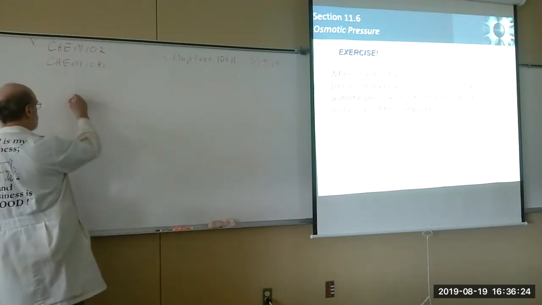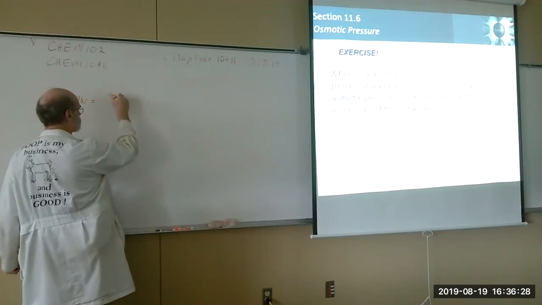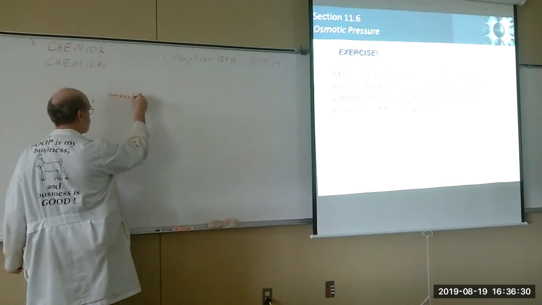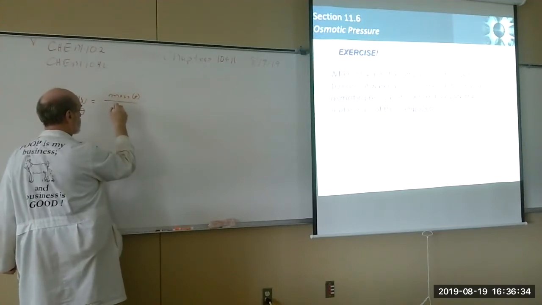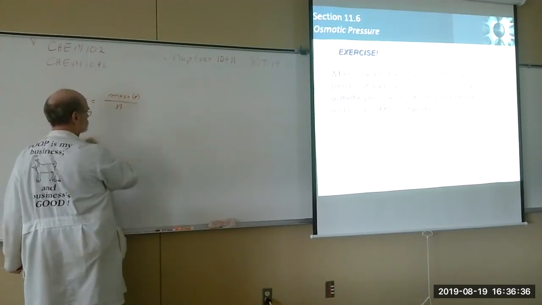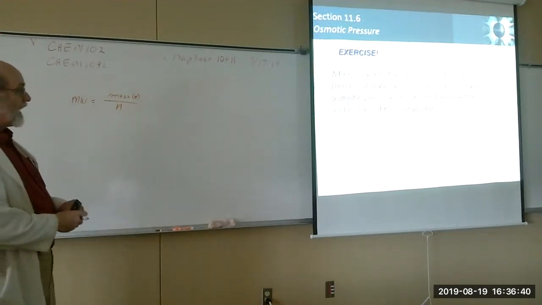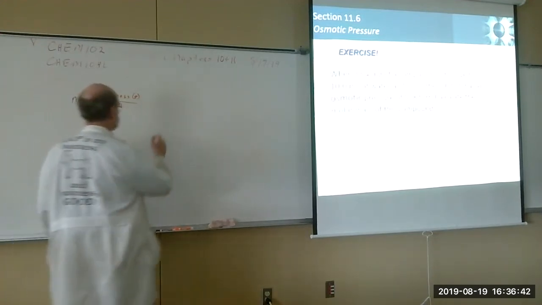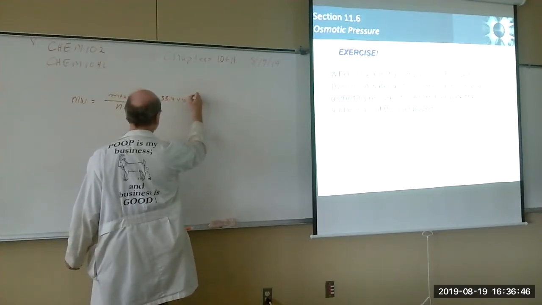If you want to know the molar mass or the molecular weight, you need to know mass in grams and moles, right? So we know the mass, 33.4 milligrams. So 33.4 times 10 to the minus 3 grams.